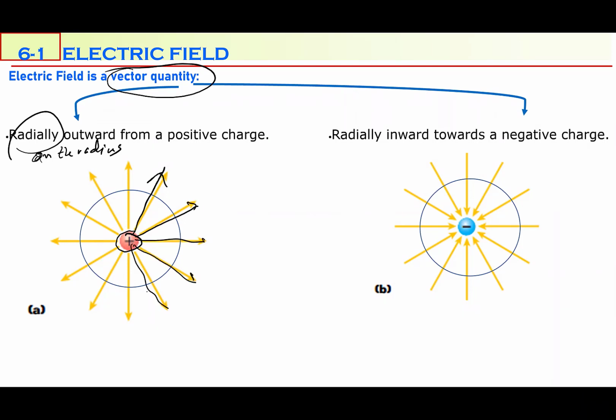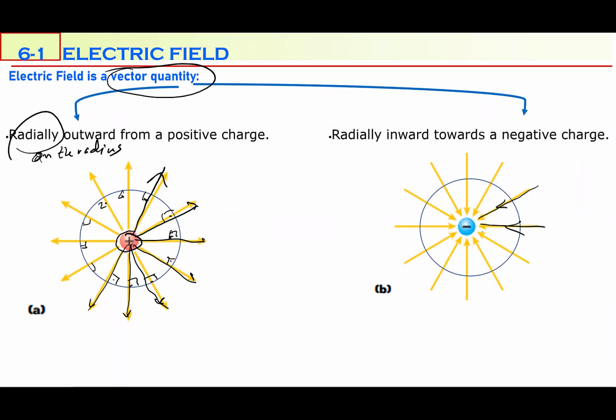And we know that the radius is always perpendicular to the circle, so these angles are always 90 degrees. So electric field lines are radially outward from a charge along the radius. For a positive charge they are outward, but for a negative charge they are inward. Look at the direction of the electric field around the negative charge.